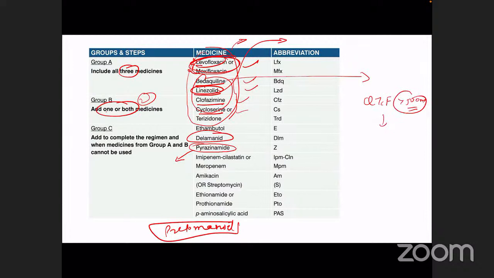Any patient having QTcF more than 500 and uncorrected arrhythmia, in those patients you cannot use these agents. For 450 to 500, it is based on the uncorrected arrhythmia.